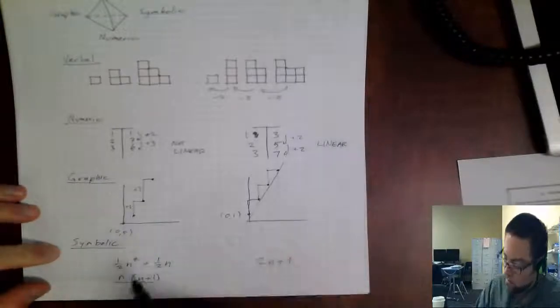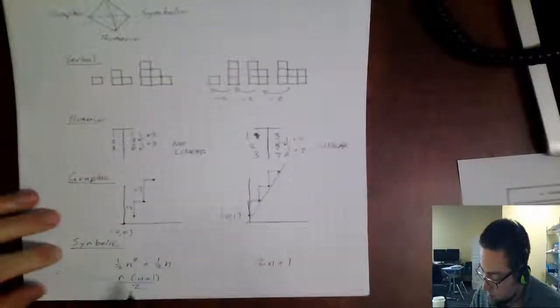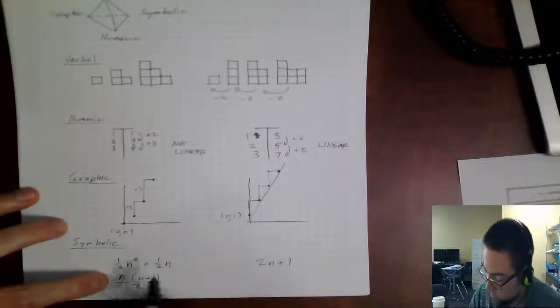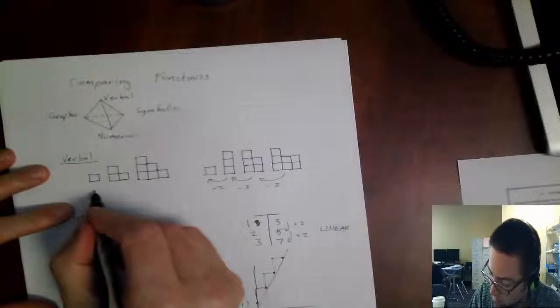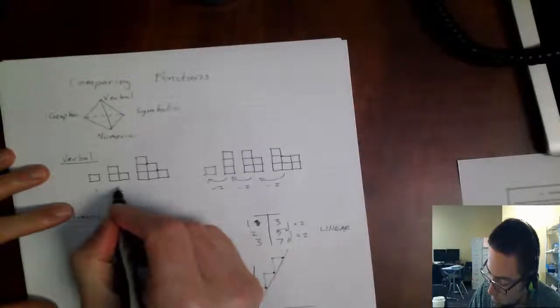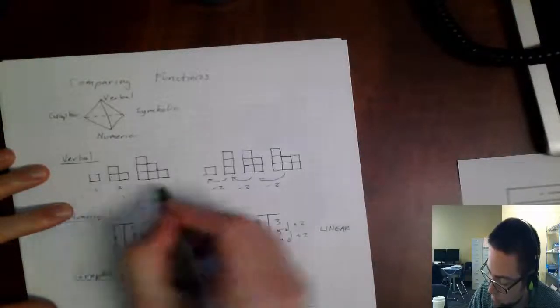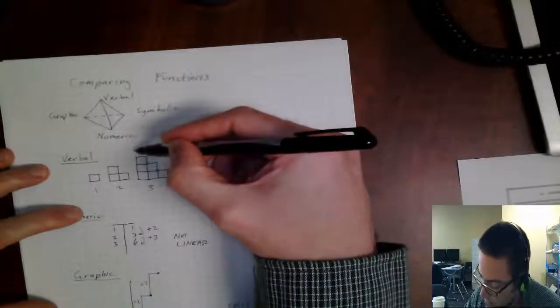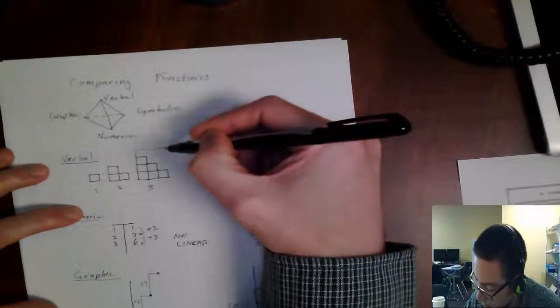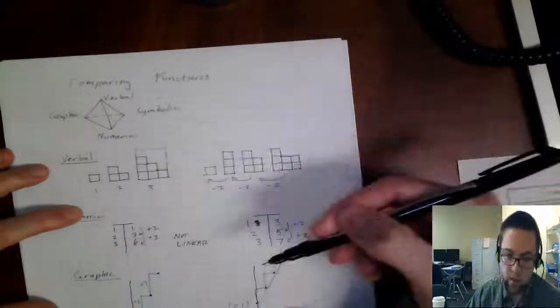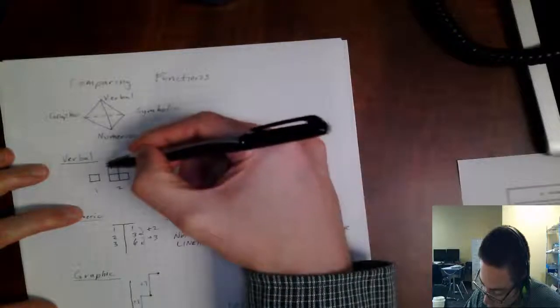Alright, so now looking at the symbolic for these two. This one, as I talked about before, is the triangle function. It's 1/2 base times height, where the base is the number. So this one's 2, and this one's 3. And you can almost imagine the rectangle looks like this, and that would make it cut in half.